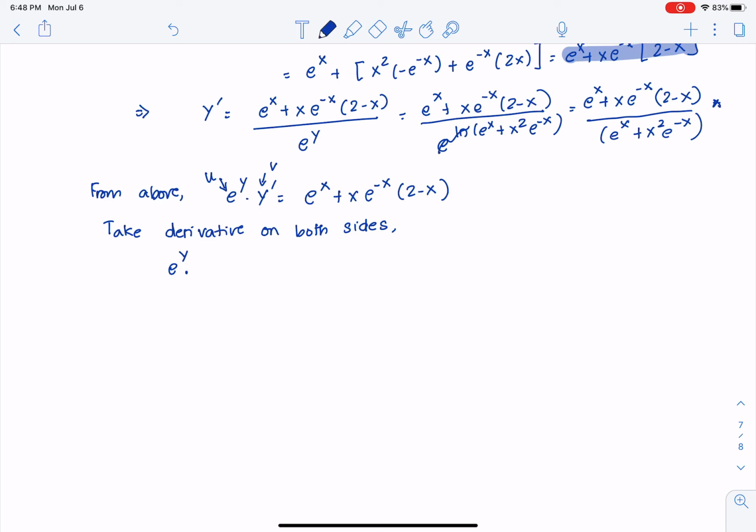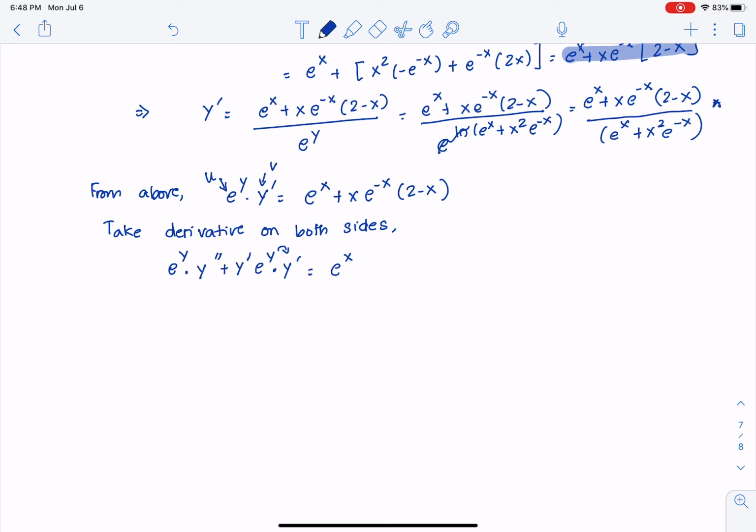Derivative of y prime is y double prime, plus y prime. Derivative of e raised y is e raised y times y prime. Implicit differentiation. And on this side, we have the derivative of e raised x is simply e raised x.